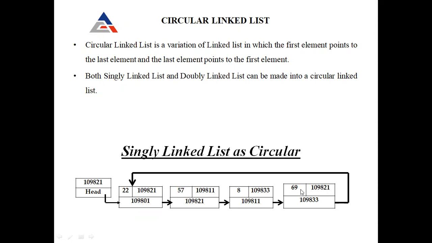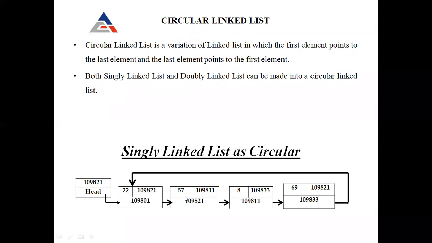So 69 is the value, and the next should be 109801. You can change it from 21 to 01 because the first element has the address 109801. This is how we can represent a single linked list in a circular form.